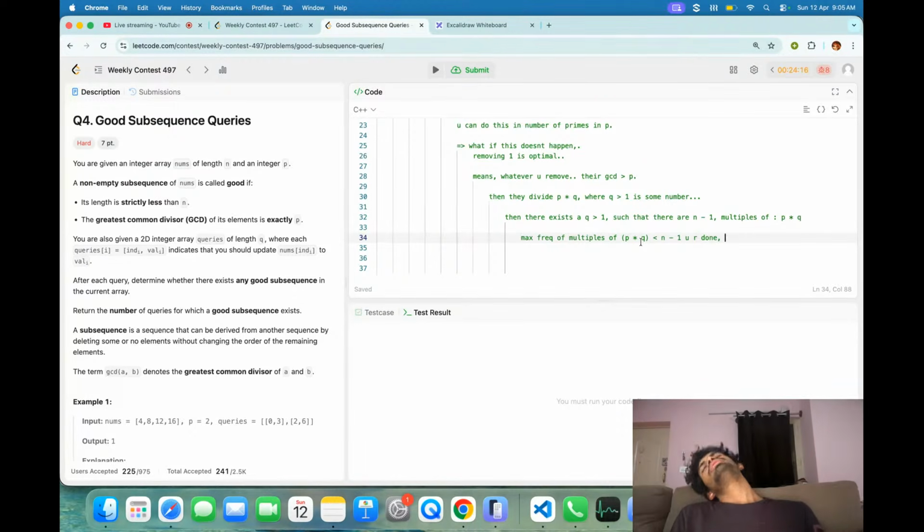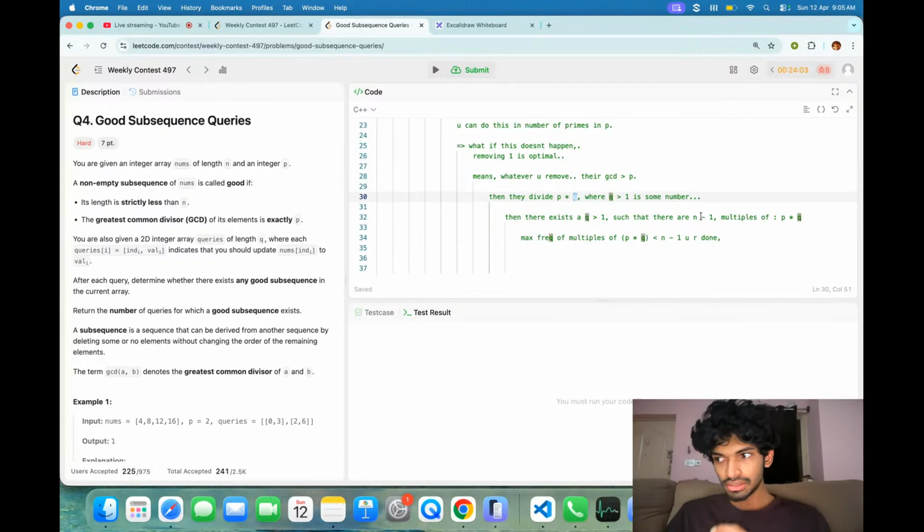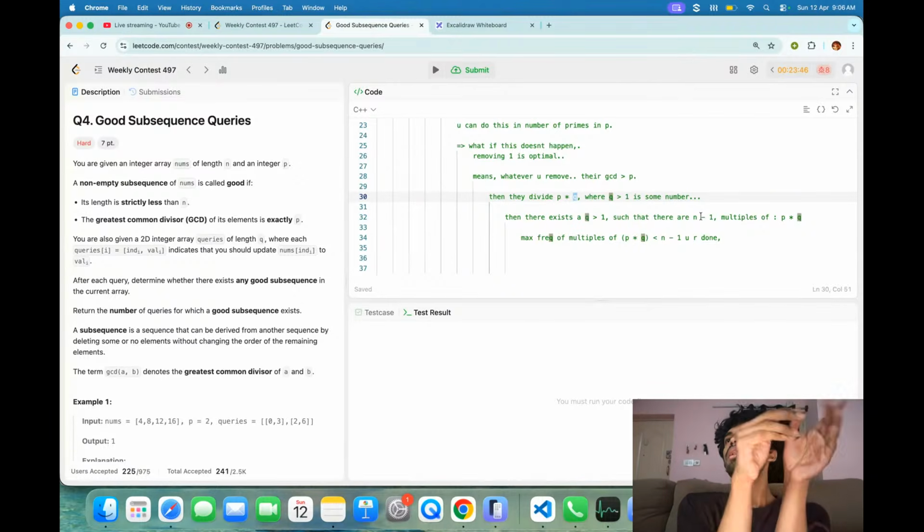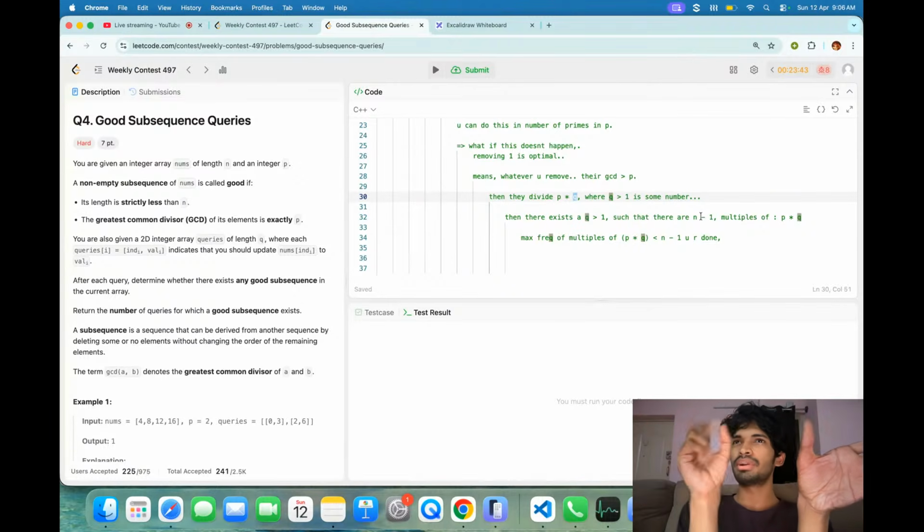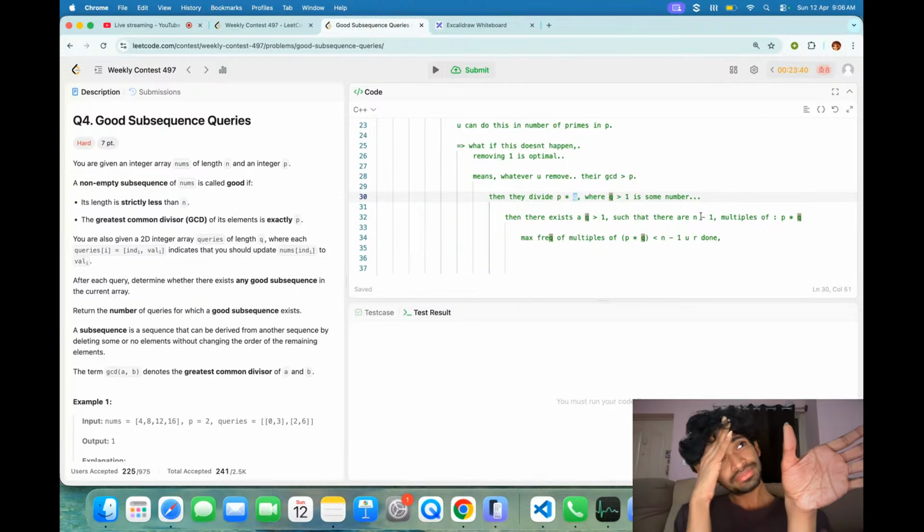Max frequency multiples of this is n minus 1, right? So let me think, because this q is there in n minus 1 things. That's a necessary condition. But if that happens, you cannot disprove that. You cannot say it's not possible. If it is possible, then this will happen. But you still don't know that, because it's there in all of them, but not there in one thing. Okay?